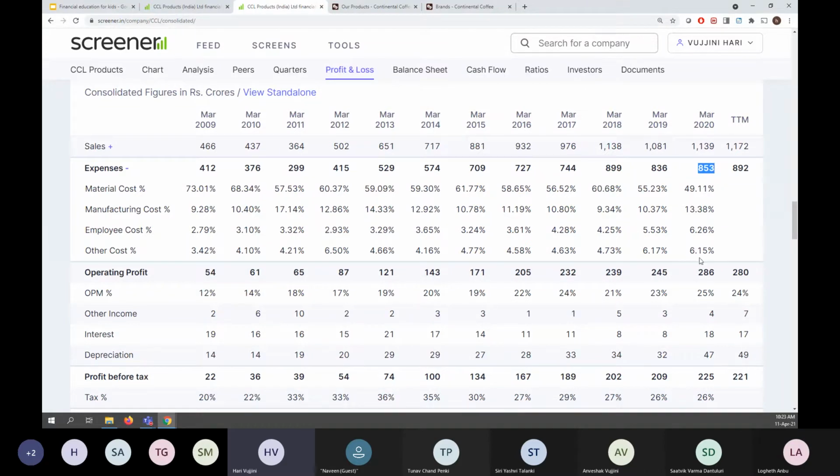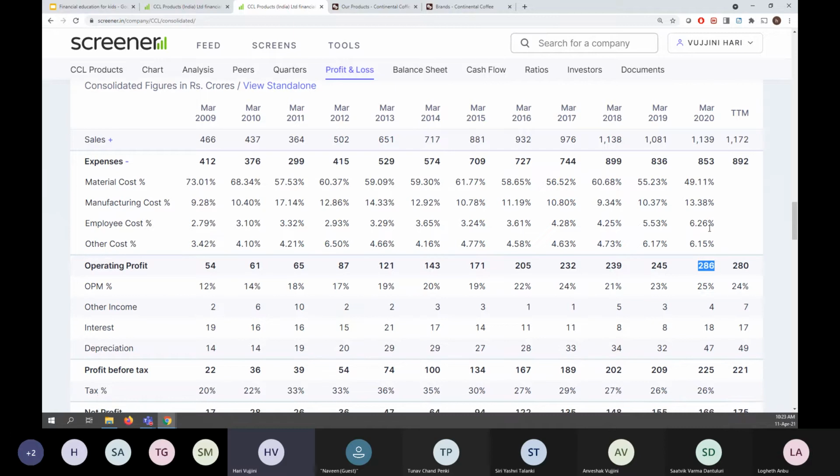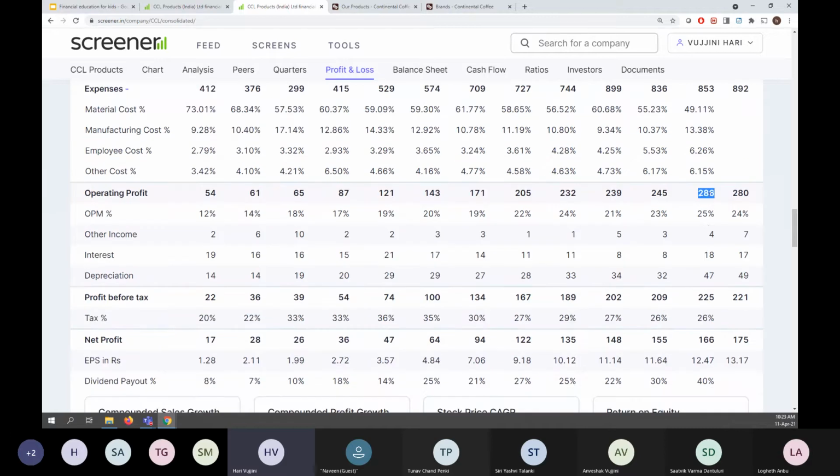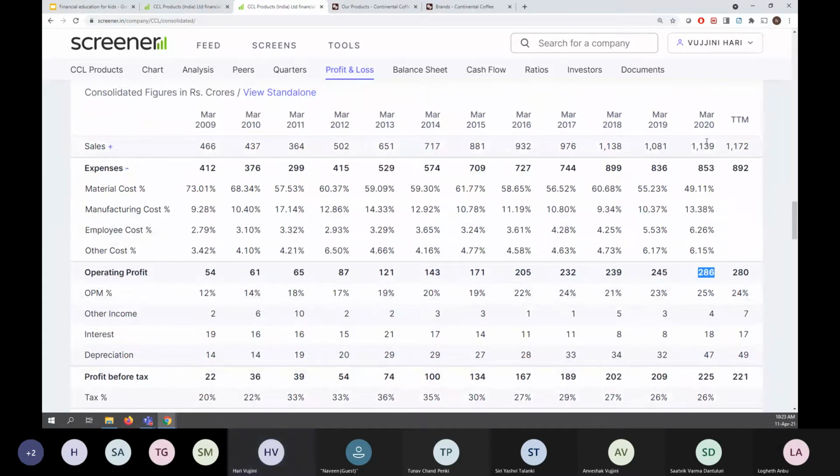Then the operating profit: if you subtract 1139 minus 853, you will get 286. That's their operating profit. So the operating profit margin is 286 divided by the overall revenue they made, so it's around 25%. Do you follow me?